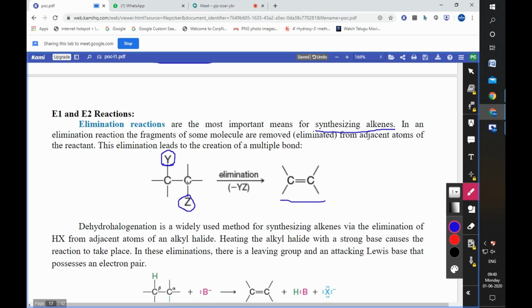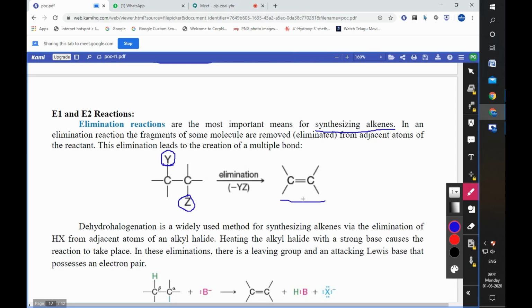Adjacent carbon atoms means the carbon atoms that are next to each other. So two fragments are lost from the carbon atoms that are next to each other, and they give carbon-carbon double bonded compounds or multiple bond compounds. So on one elimination you get alkene, and if this elimination is repeated again, then you'll get alkyne.